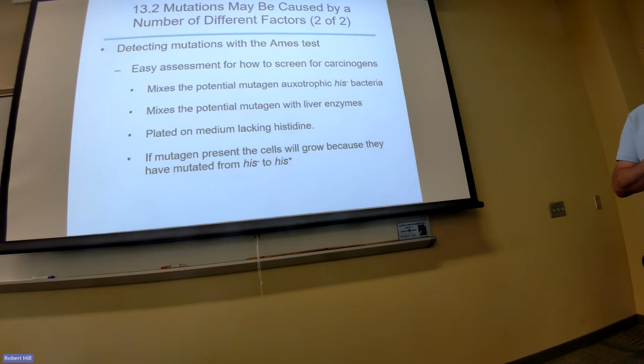And then you plate it on media that lacks histidine. And basically, if the bacteria have a forward mutation to restore the wild type, then the cells will grow.